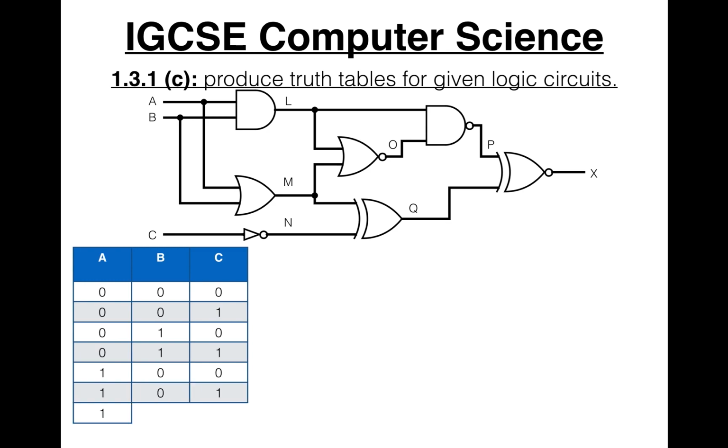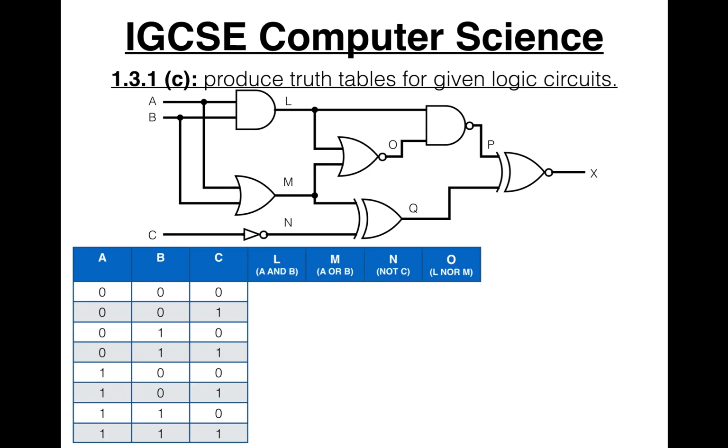So we have all our possible values for the inputs, and of course we have our other values. What you could do on your own, if you want to, is try to figure this out for yourself just to get some practice. If you don't want to, just continue watching and we'll go through it.